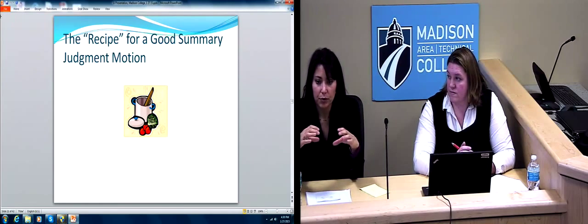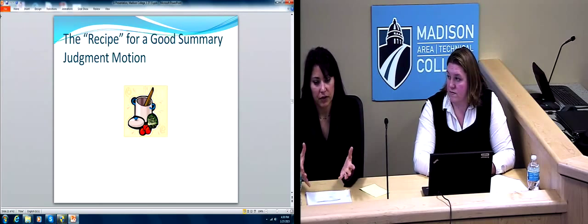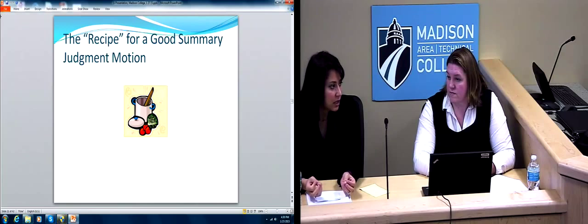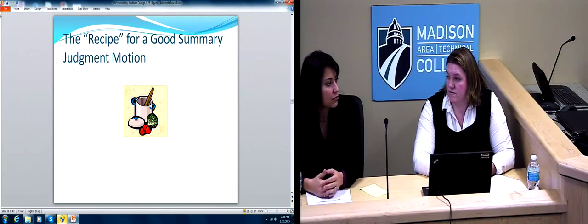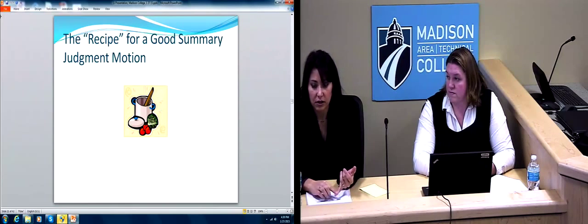And when I do a brief, each section of my brief is crafted around what the summary judgment standard is, constantly, maybe at least every other page, reminding the judge what the standard is. This fact is material and why.